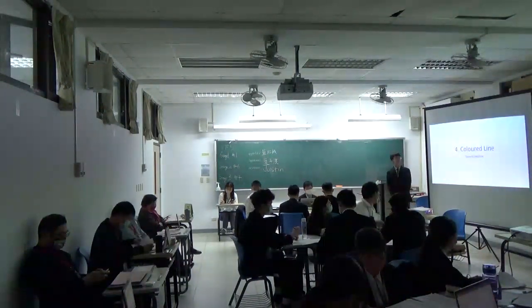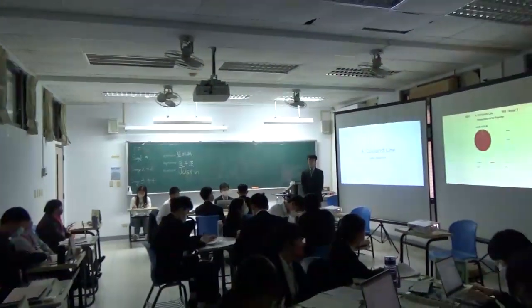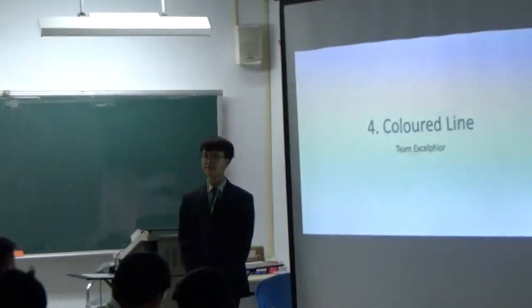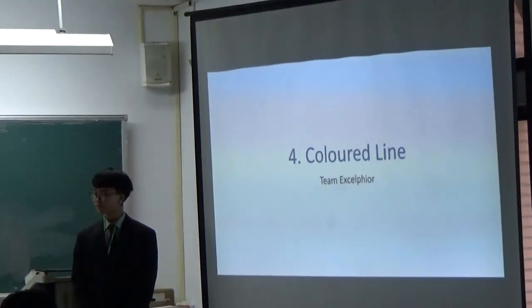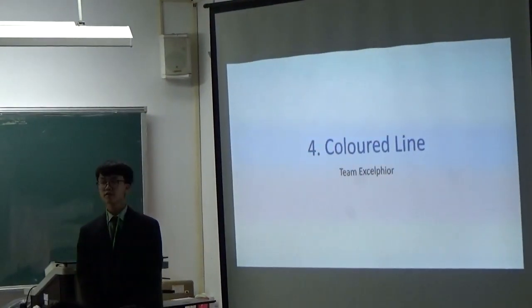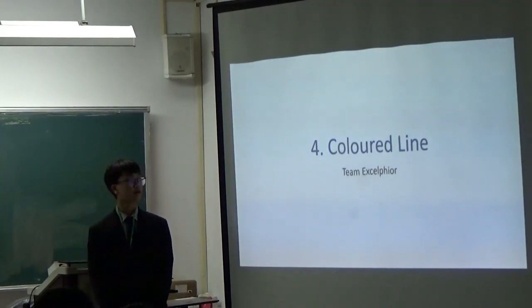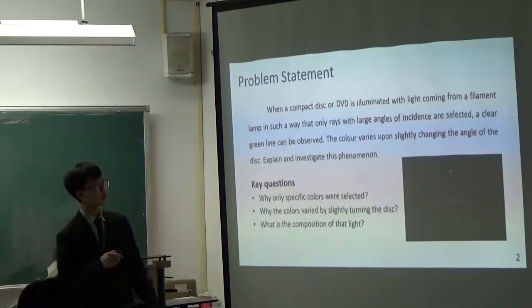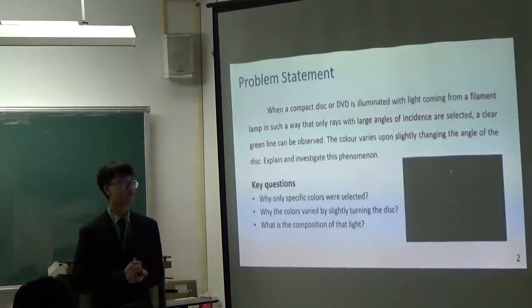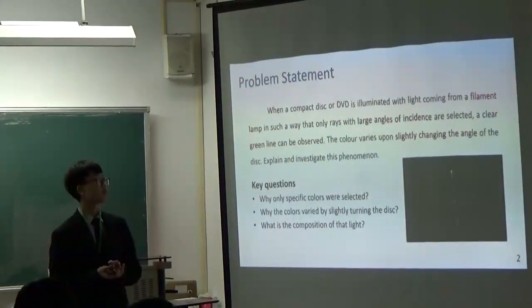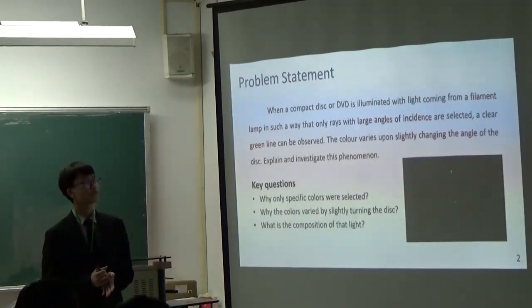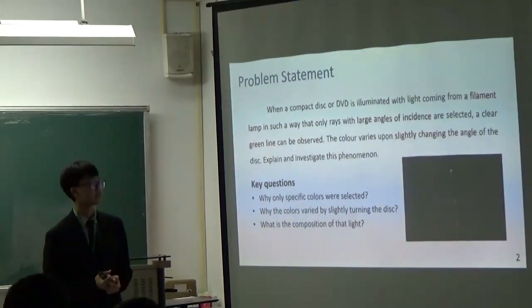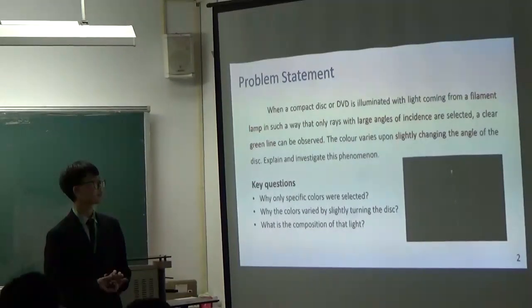Okay, the reporter makes the presentation. Honorable juries and fellow competitors, I'm the reporter from Typt here. Today I'm going to report problem number 4, color blind. Problem statement: when the compact disc or DVD is illuminated with light coming from a filament lamp in such a way that only rays with large angles of incidence are selected, a clear green line can be observed.